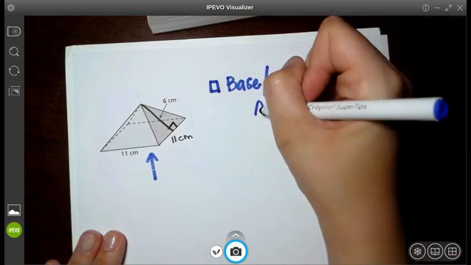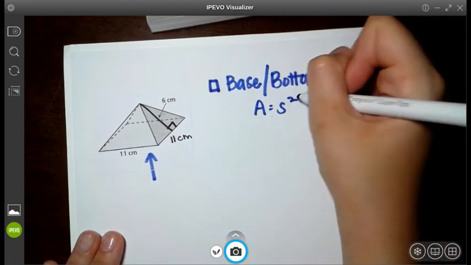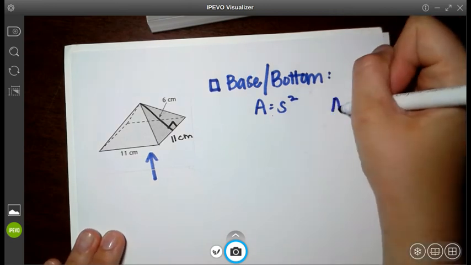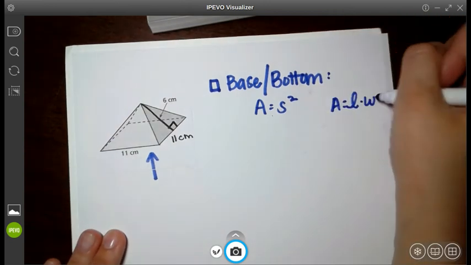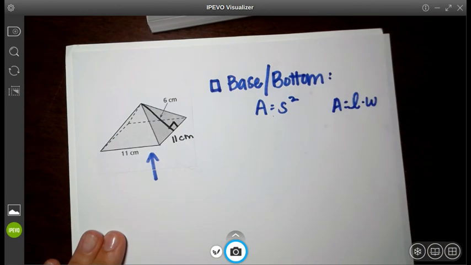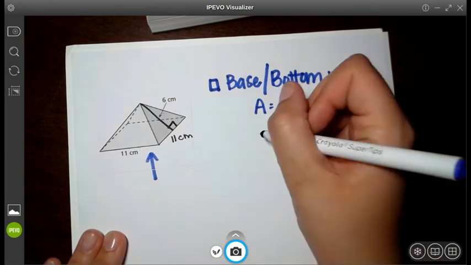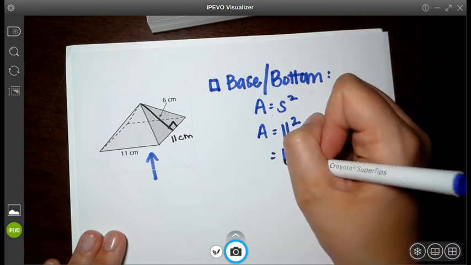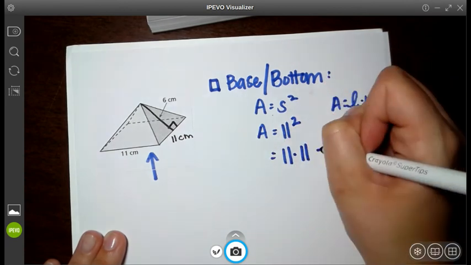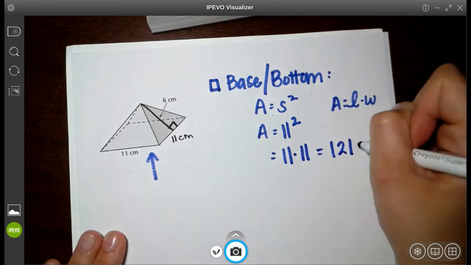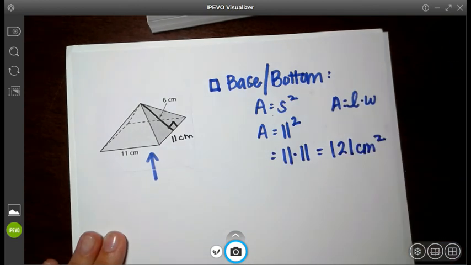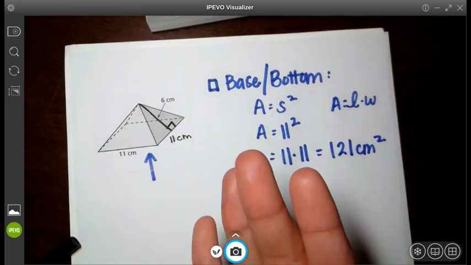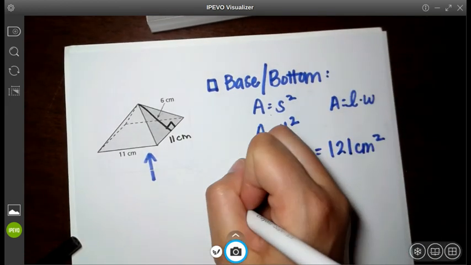The area formula for a square is area equals side squared, or area equals length times width, but the length and the width are the same. So since the side is 11, my area equals 11 squared. 11 squared is just 11 times 11, which is 121 centimeters squared. So that is my first area. That's the base.